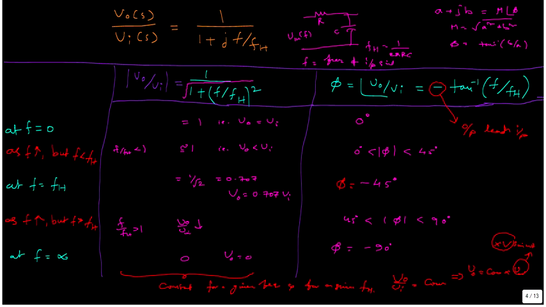As well as there may be a small phase shift introduced, depending on the input frequency and cutoff frequency. That we have also seen, in the second column, phi. The maximum phase shift introduced between output and input is minus 90 degrees, and the minimum phase shift is 0 degrees.